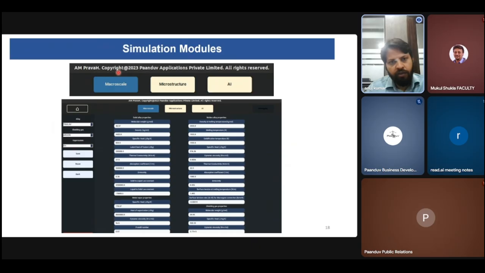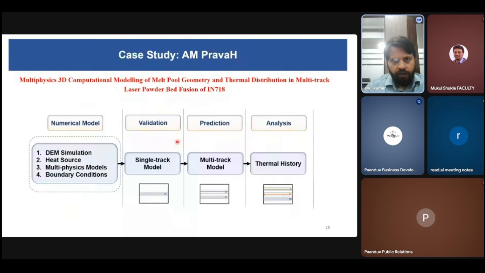You can choose the macro scale, the part scale. You can choose microstructure modeling. You can use the dedicated artificial intelligence module built into AM PravaH. This is the UI, and you can access the wonderful videos they have on their YouTube channel or their website to get familiar with the UI.